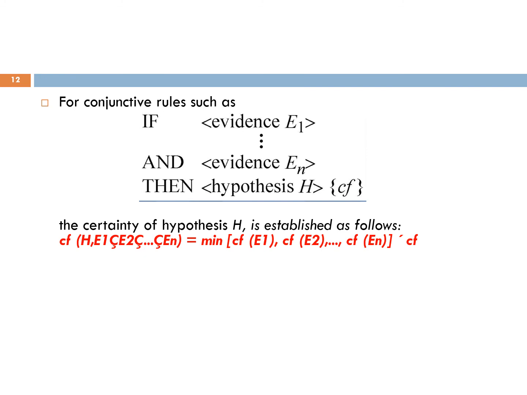You will find, from the certainty factor for the hypothesis given evidence 1, 2, 3 until n, the minimum certainty factor among all of them, the minimum one.